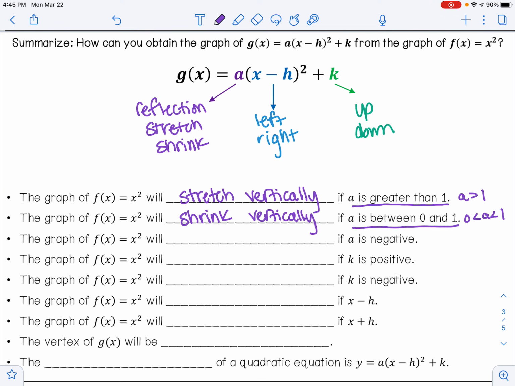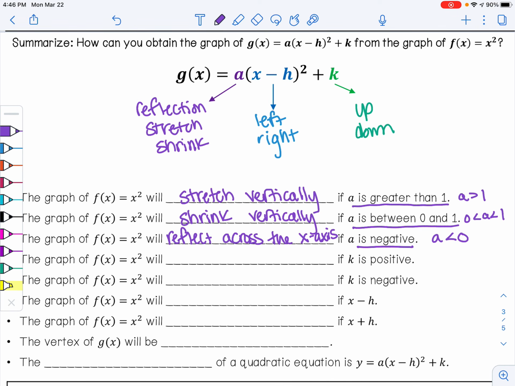The graph of f of x equals x squared will reflect across the x-axis if a is negative.